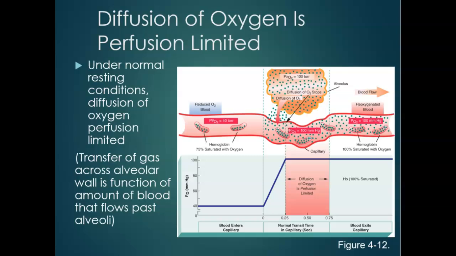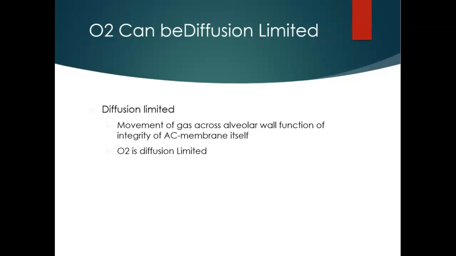That's usually what happens in the lungs with diffusion, but it can be limited by diffusion, and that is going to be any factor that increases the thickness of that AC membrane. So pulmonary edema, pulmonary fibrosis, or any disease that destroys or decreases alveolar surface area, like emphysema.